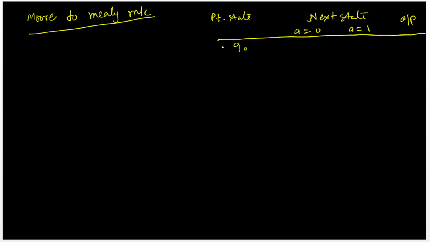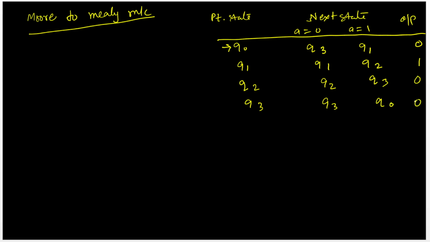So here it is q naught, output is 0, q3, q1; q1, q1, q2, 1; q2, q2, q3, 0; q3, q3, q naught, 0. So it is a Moore machine, and we have to convert it to the corresponding Mealy machine.